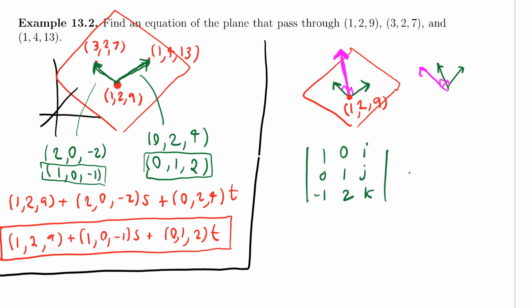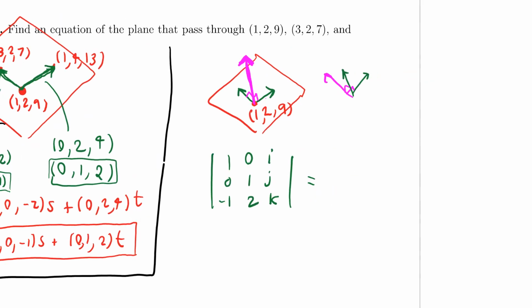I compute the determinant of this, and that is going to give me i, and then my j is going to be multiplied by -2, and then my k is going to be multiplied by 1. So this is the normal vector to this plane.